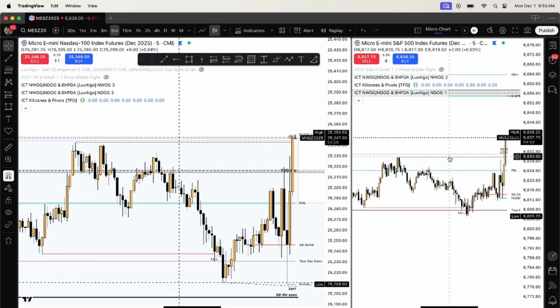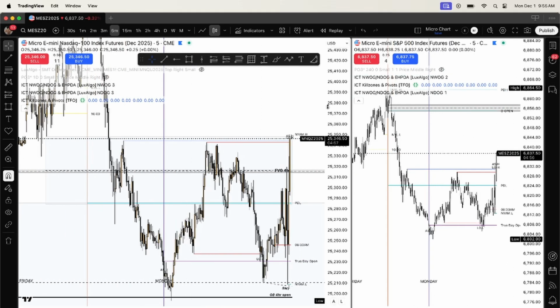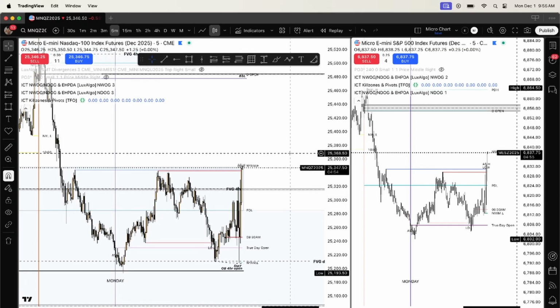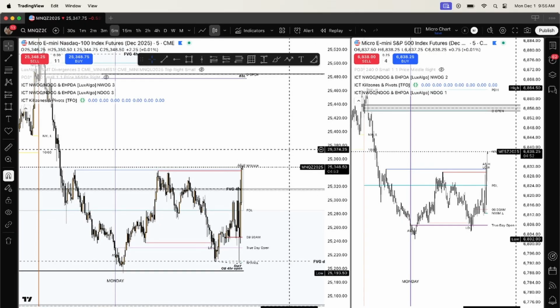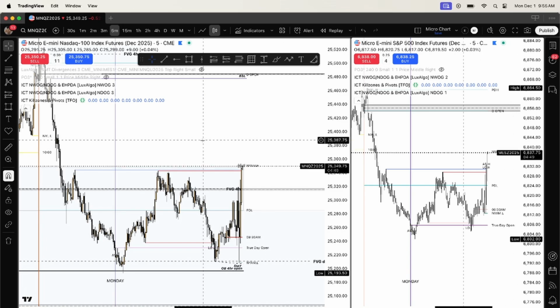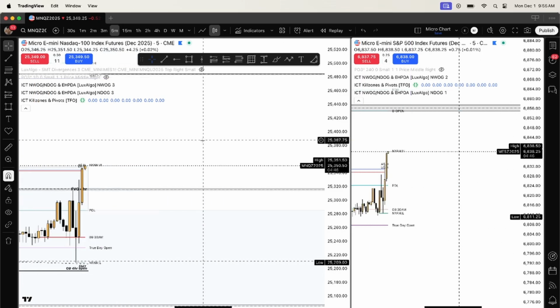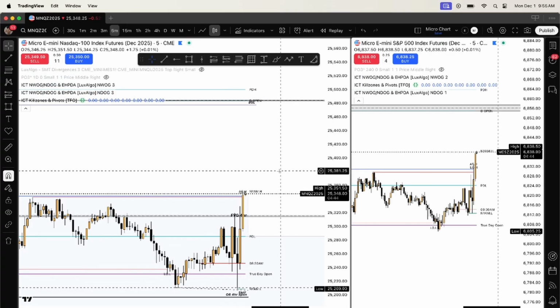But yeah, ES. What are we doing on ES realistically? Still pushing our way up, so looks clean. I mean, looks like a bullish price action today.